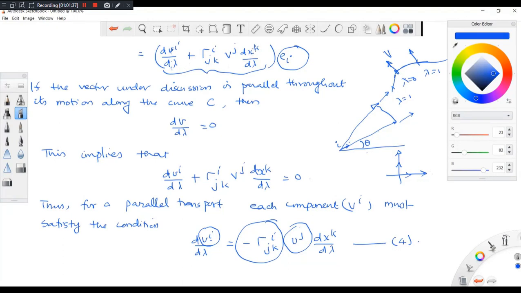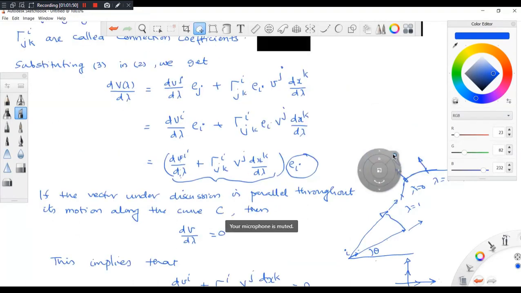This component also will be a function of lambda only, so there is no problem with this.